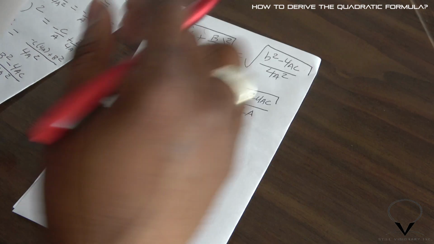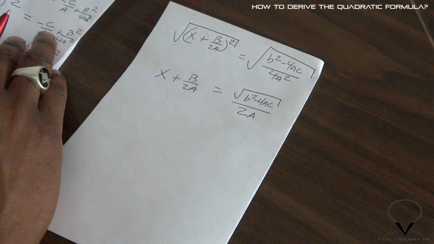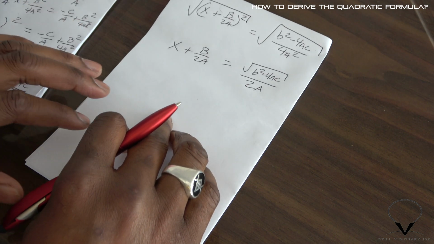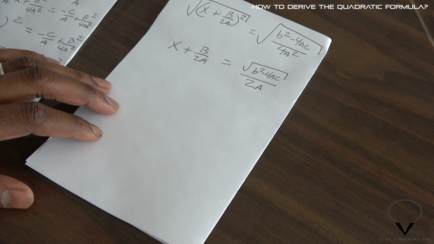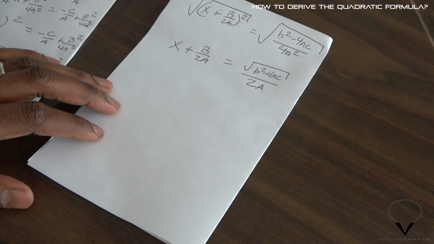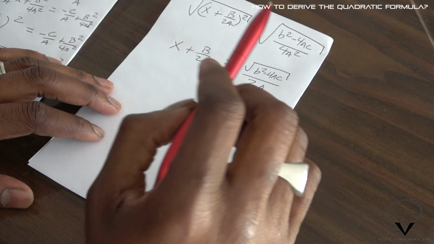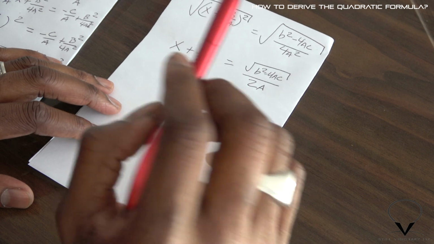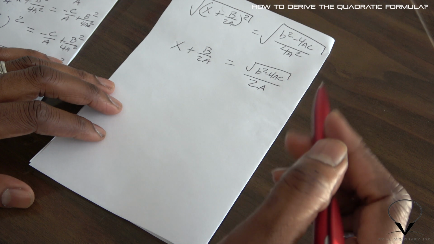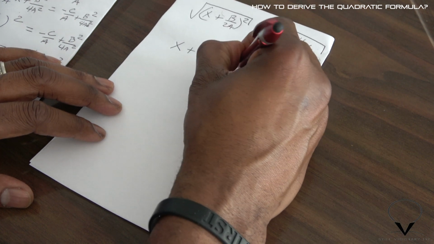So that simplifies, and we'll explain radical simplification in another video. So now understand this: when I take the square root of a value, I get a plus and a minus option. So this is going to be plus or minus.